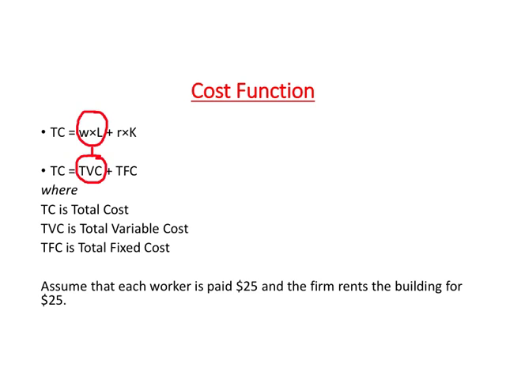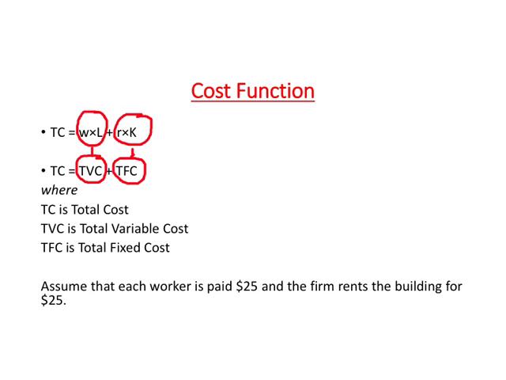Since we are treating capital as a fixed input, the cost associated with capital will be called total fixed cost. We can abbreviate total variable cost as TVC and total fixed cost as TFC. So TC, which is total cost, is equal to total variable cost plus total fixed cost.